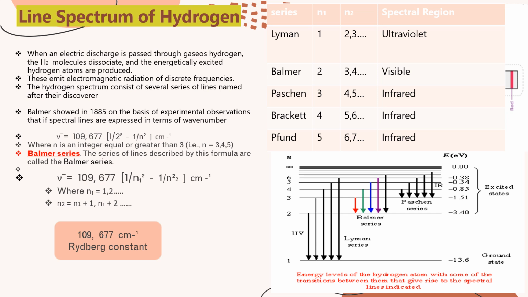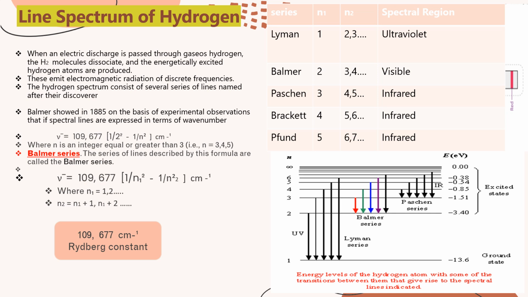It is the series of transitions between the second and any other energy level. This Balmer series we observe in the visible region of the electromagnetic spectrum. Next, Paschen series. It is the transition between the third and any other energy level. It is observed in the infrared region.